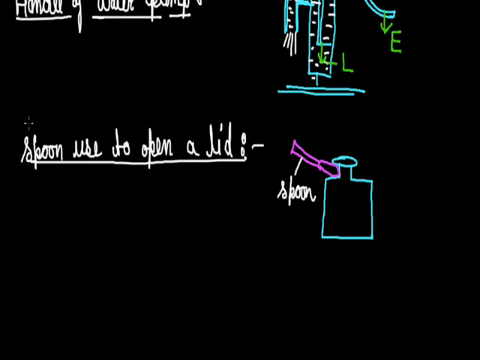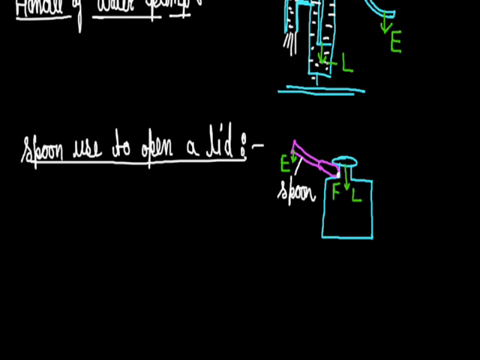In this condition, what will be the position of the fulcrum? Since the spoon is moving about this point, this point will act as the fulcrum, and this lid will act as the load, and we apply the effort from this side, so effort will be here. So again the fulcrum is between the load and effort. So this is again an example of a first class lever.